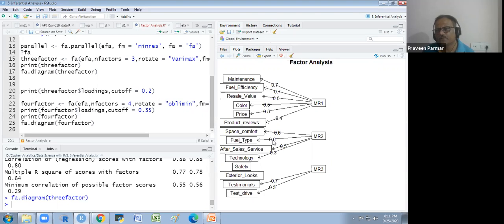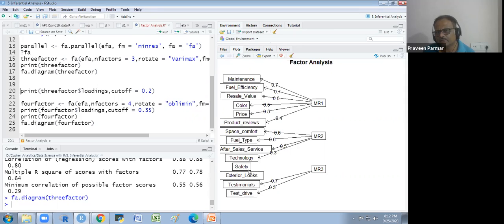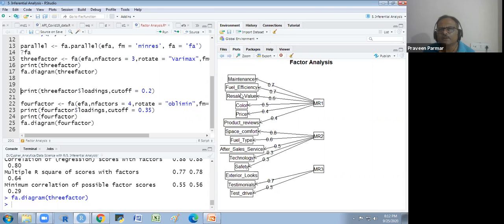But I think there is no change from the previous one. Here we have product review, price, color, resale, fuel efficiency, maintenance. The same. Varimax and Oblimin are both giving the same result.